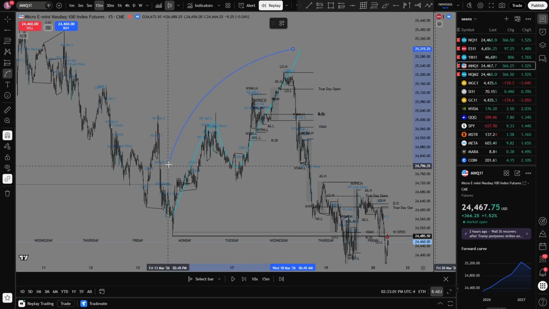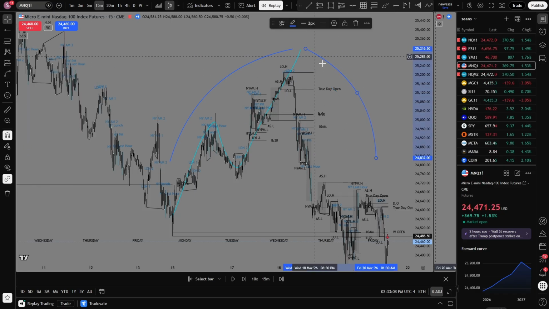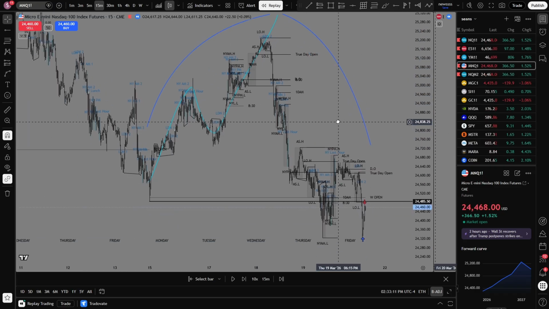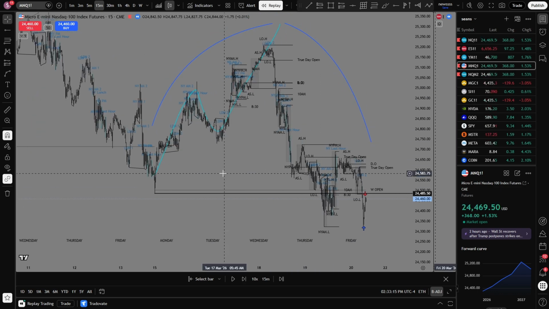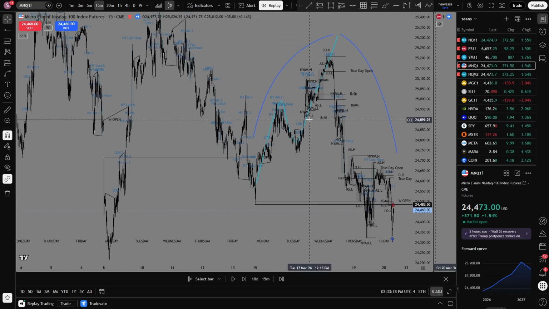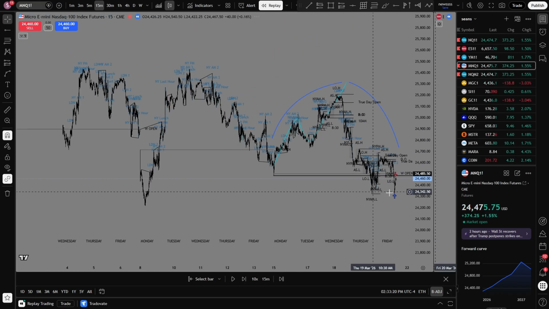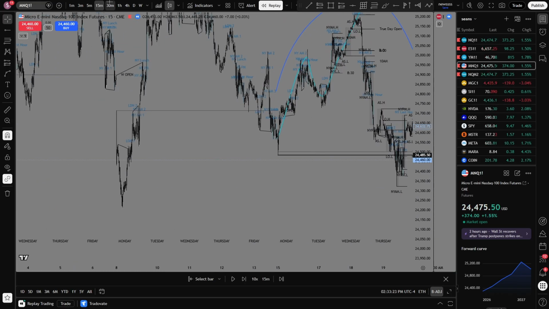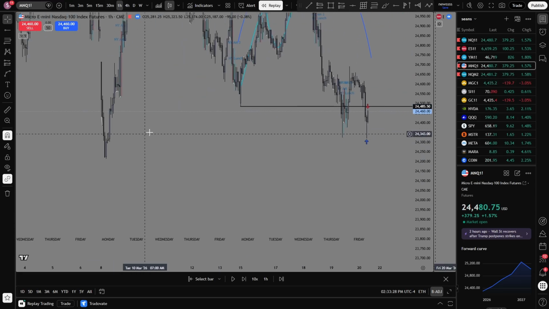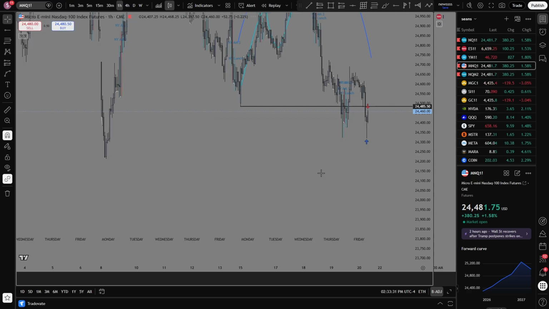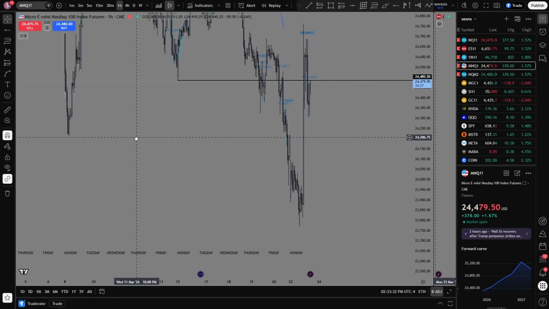Okay, we have an uptrend, and now we have a sell model, right? And the sell model's target is this low because we started the uptrend here. Or if you scroll out to the 1 hour, we really started the uptrend down here. So our real target was this low, right?